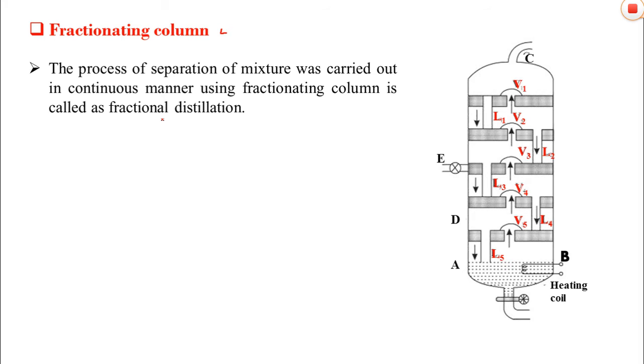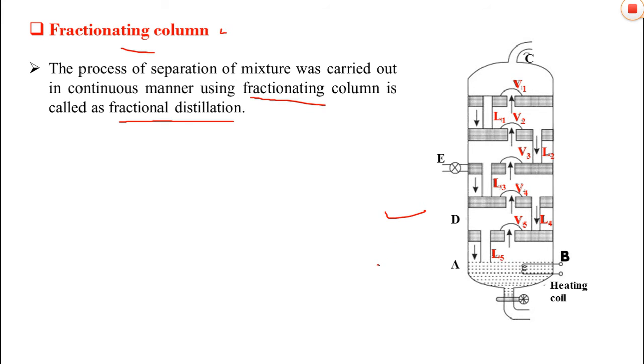The separating process can be made simple using a fractionating column. The process of separating mixtures in a continuous manner using a fractionating column is called fractional distillation. The construction of the fractionating column is shown in this figure.